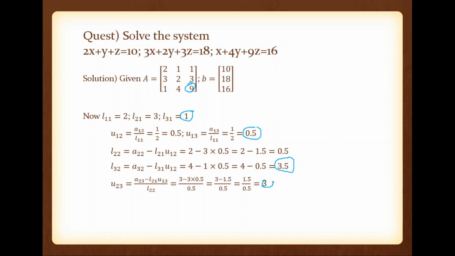So this is L33. So L33 is equal to A33 minus L31 U13 minus L32 U23, that is equal to 9 minus 1 into 0.5 minus 3.5 into 3, that is equal to 9 minus 0.5 minus 10.5, that is equal to minus 2. Okay.